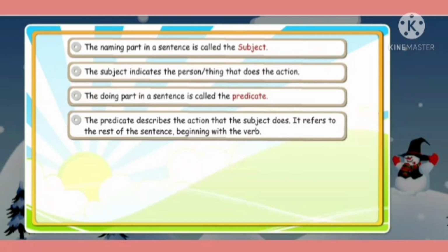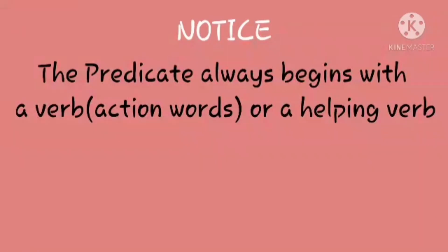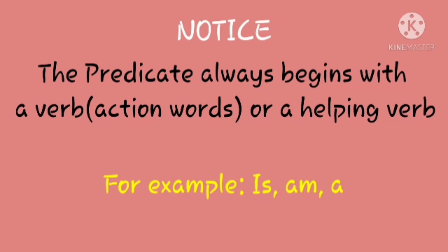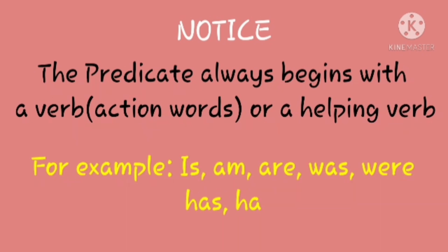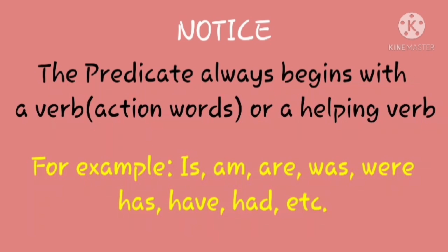It refers to the rest of the sentence beginning with the verb. Notice that when we begin the predicate, it always begins with a verb. It can also begin with the helping verb. For example, is, am, are, was, were, has, have, had, and so on.